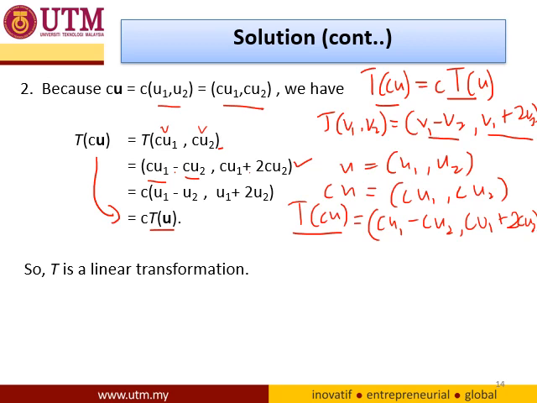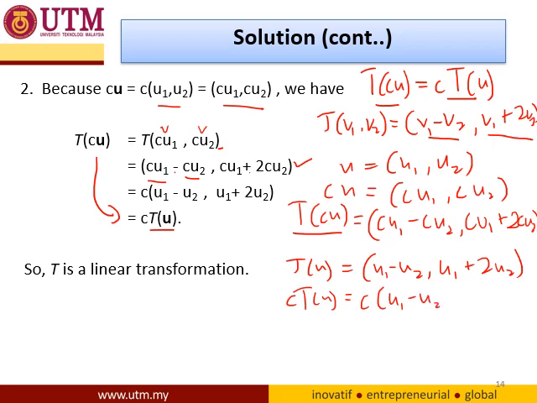If you transform first, transform the u, you will have u1 minus u2, and the second one is u1 plus 2u2, and then you need to multiply with the scalar c, so you will get c(u1 minus u2, u1 plus 2u2).